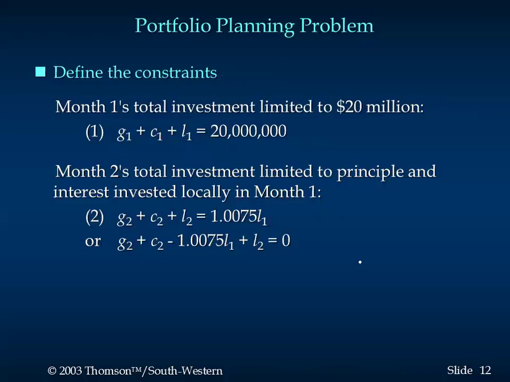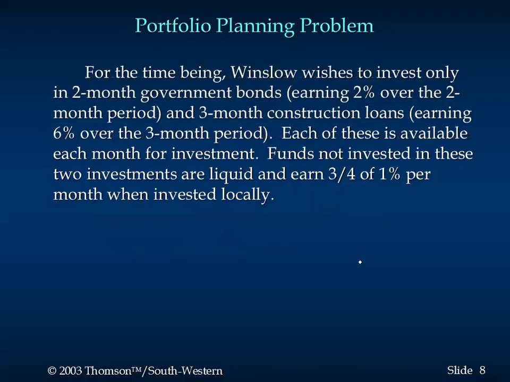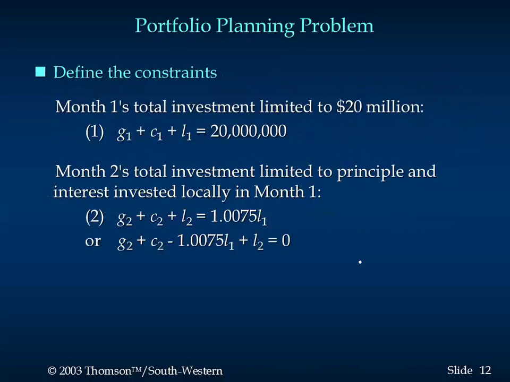Well, in the next month, the 2-month government bonds will give us the interest after 2 months. So in the second month, we don't have any other money except what we get from the first month local loans.